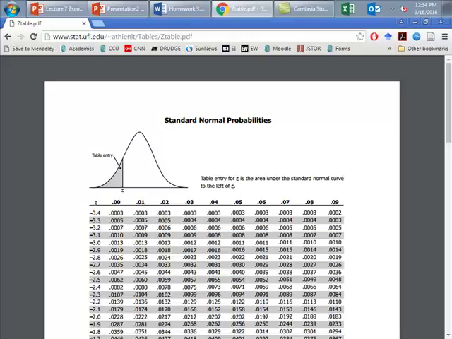If we get a z-score of 0.00, we know intuitively, just by understanding where z comes from, that it's the mean. It's the middle, the dead set middle of the curve. So when we look on our chart and go 0.0 in the row and 0.0 in the column, two figures after the decimal, we get 0.5000.